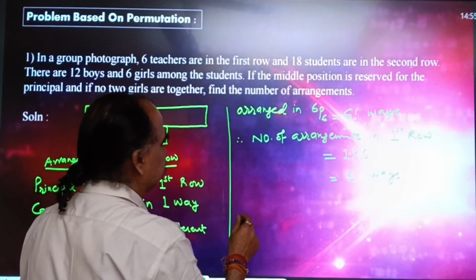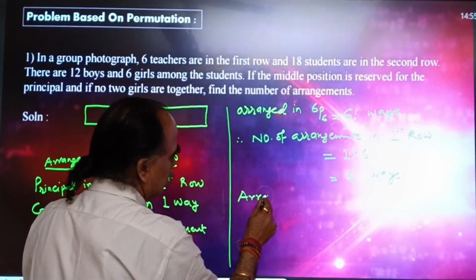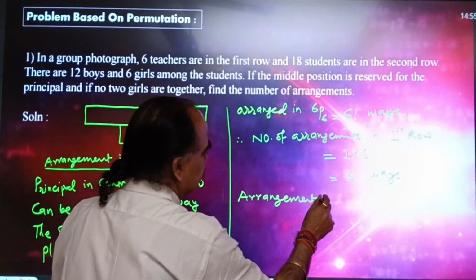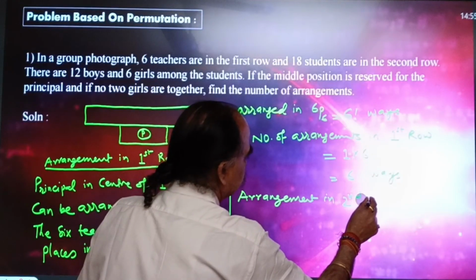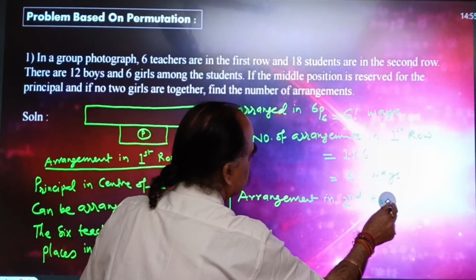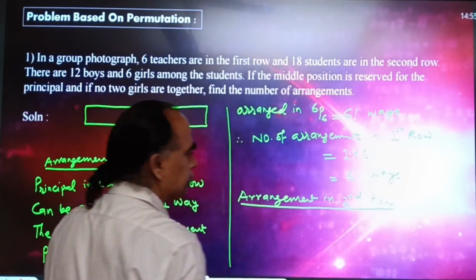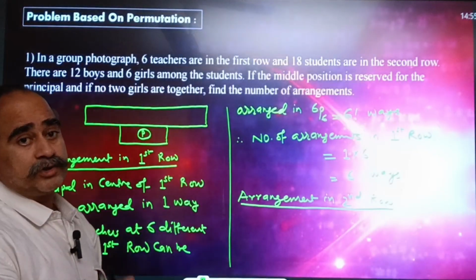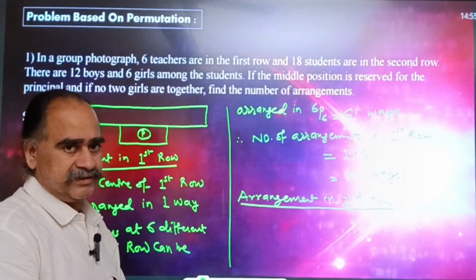Now we'll go to our second row. Arrangement in the second row. Now here 12 boys and 6 girls. Girls are not sitting side by side.